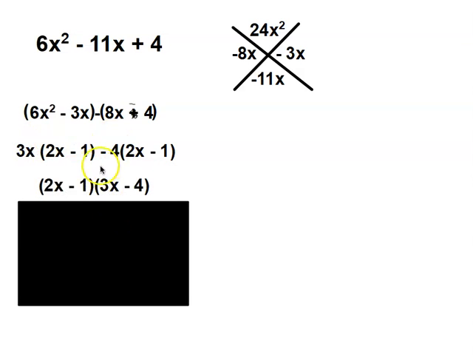If you ended up having a 3x minus 4 in both parentheses, then you had a 2x minus 1 on the outsides. Either way, you still get this answer, and it does not matter which parenthesis comes first. You can always FOIL to see if it gets us back to this original problem.